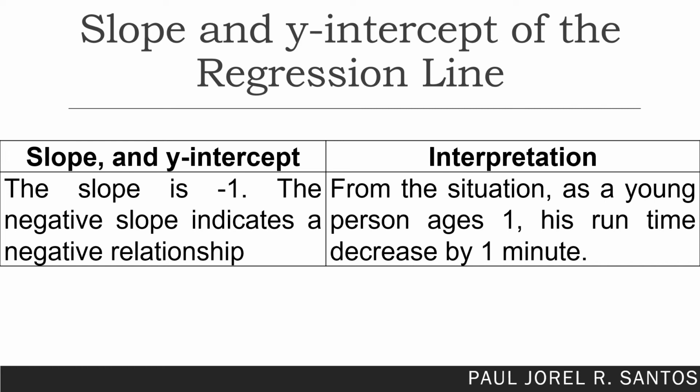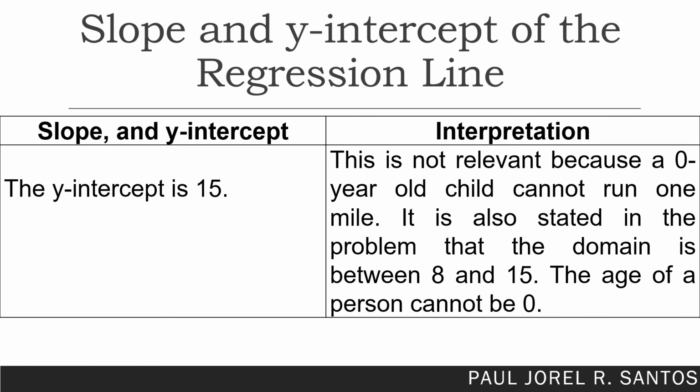In addition, as a young person ages by 1 year, or when his birthday comes, it is expected that his run time will decrease by a minute. The y-intercept here, which is 15, is not relevant because we all know that a child whose age is 0 cannot run at all.